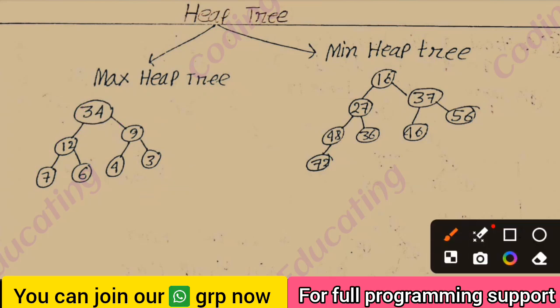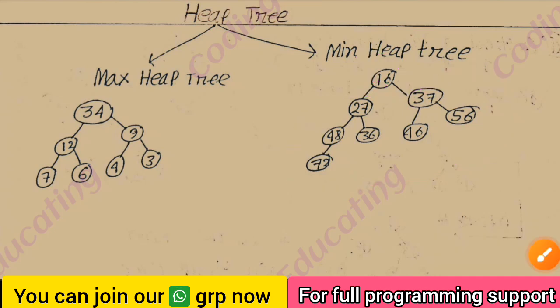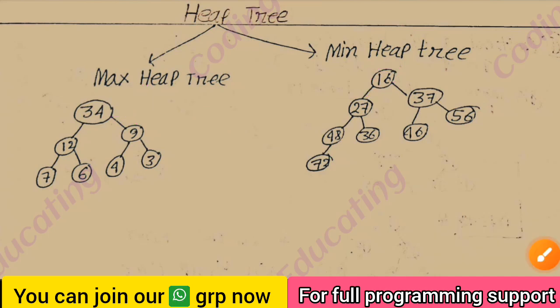In a minimum heap tree, the parent node has a lower value and every child and every subtree has a greater value than the parent node. That is called a min heap. You have to remember, if our parent node has the maximum or greater number, then that is called a max heap.